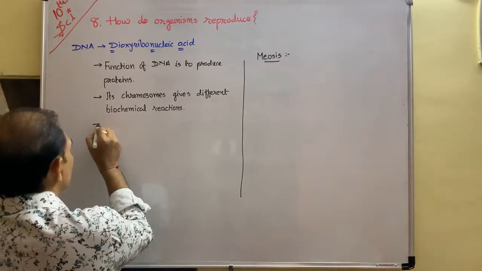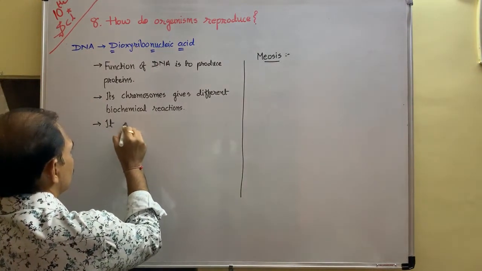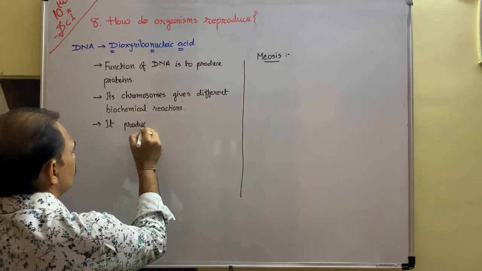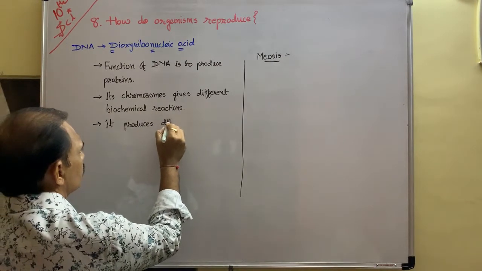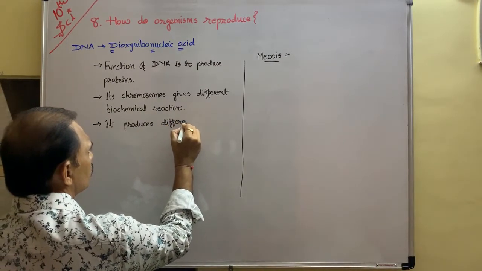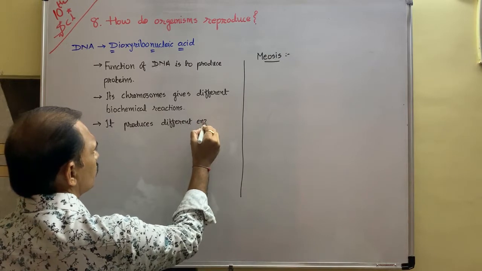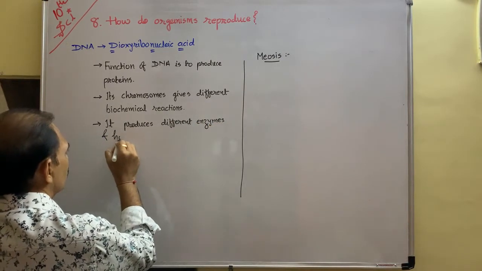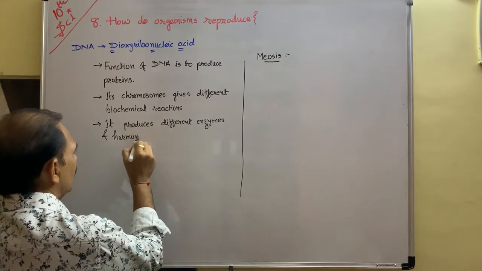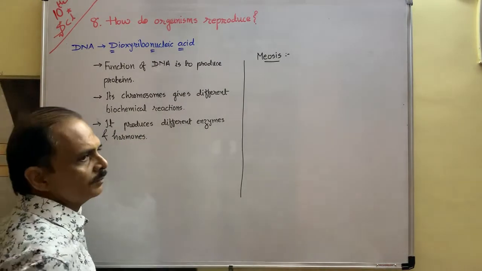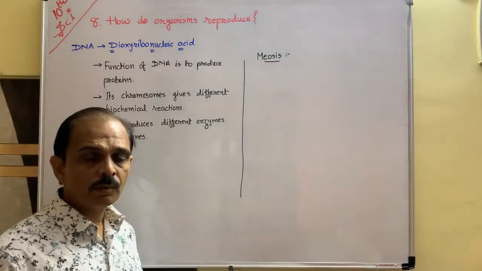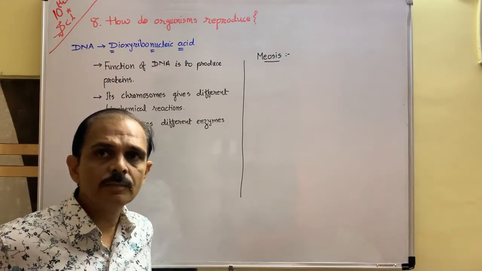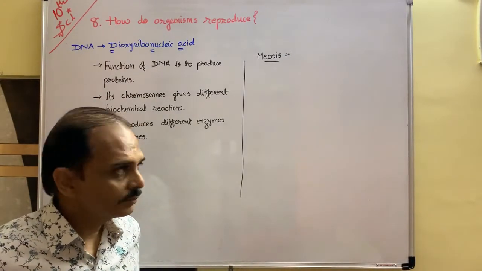It produces different enzymes and hormones, and because of that growth starts. Means our growth, our body structure totally depends on DNA.